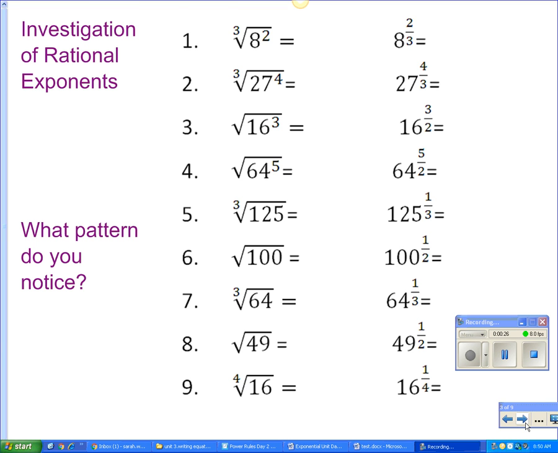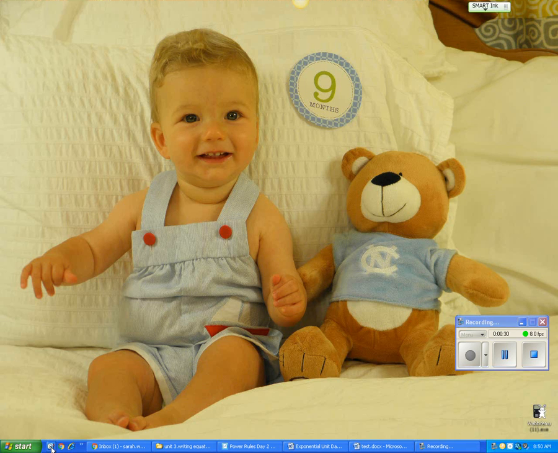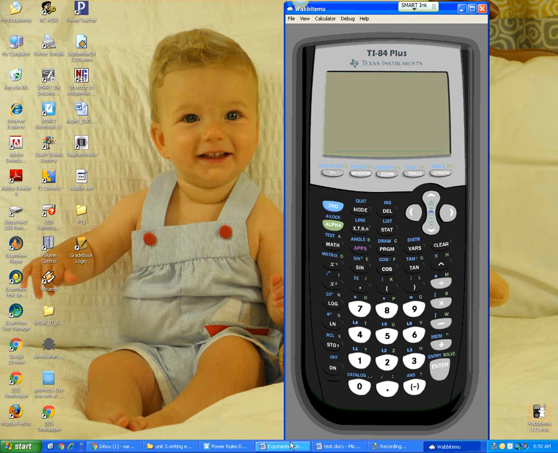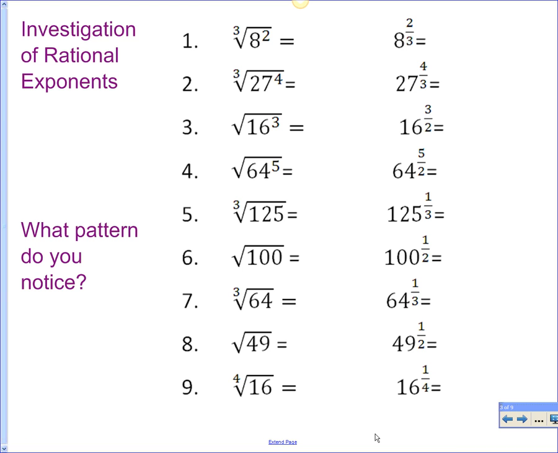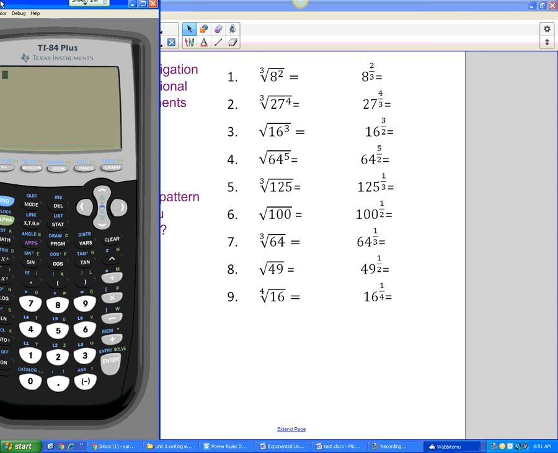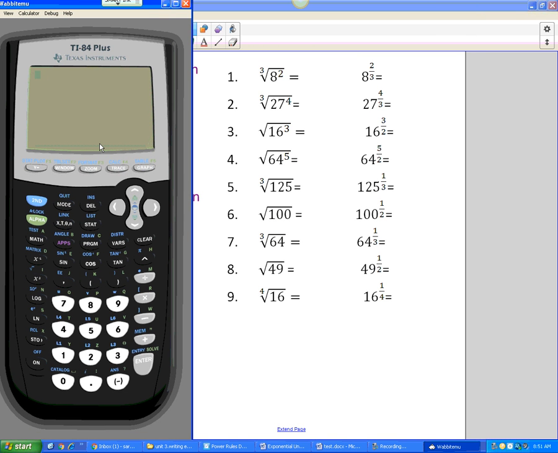On your calculator, I'll show you a new feature. Please hit the math button and go down to number 4, and if you'll look right here, you can see what we're doing.